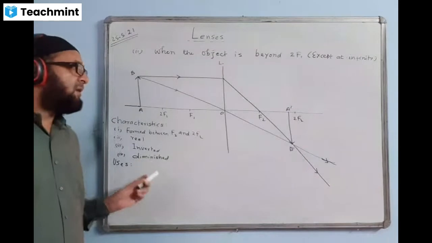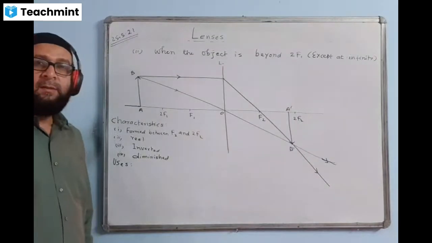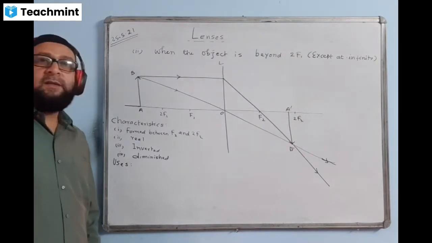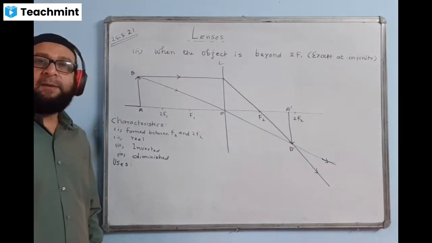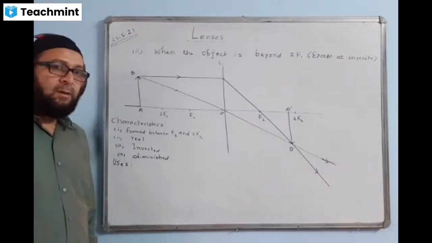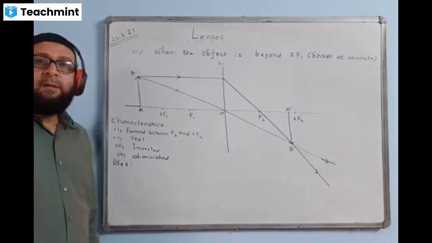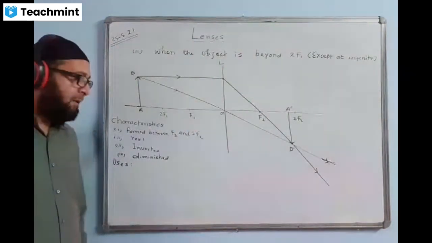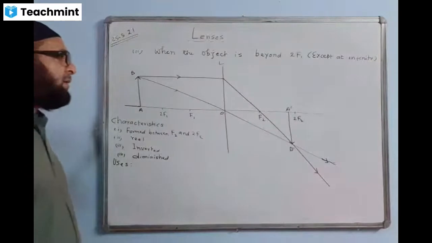This action of convex lens is used in a camera and in human eye. This happens in camera and human eye.